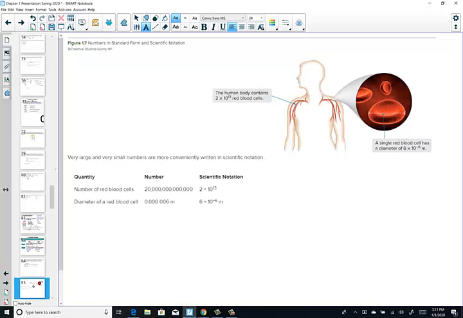When we look at examples of why we're studying this, look at the human body and the number of red blood cells it contains: 2.3 times 10 to the 13 red blood cells.